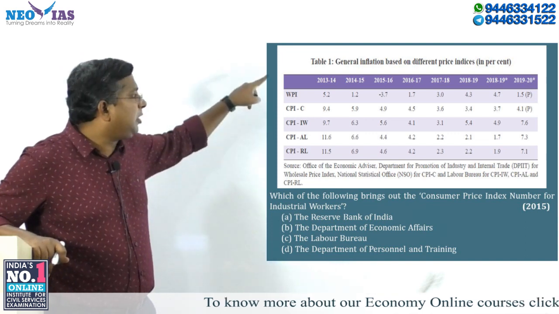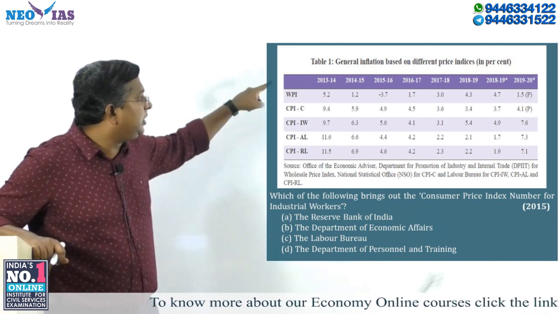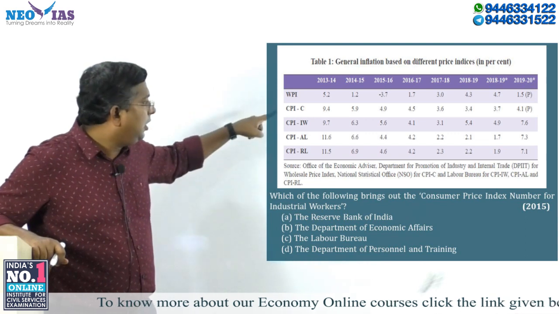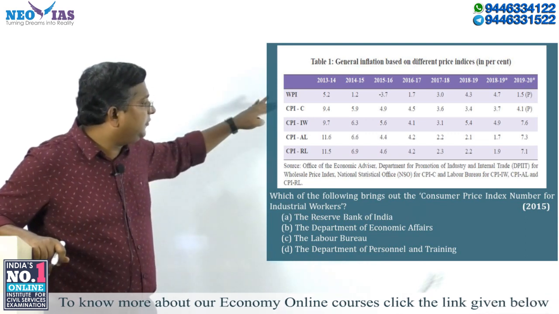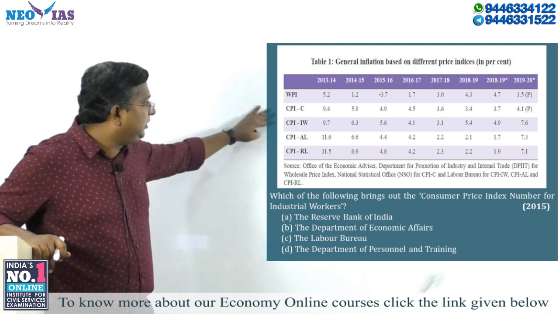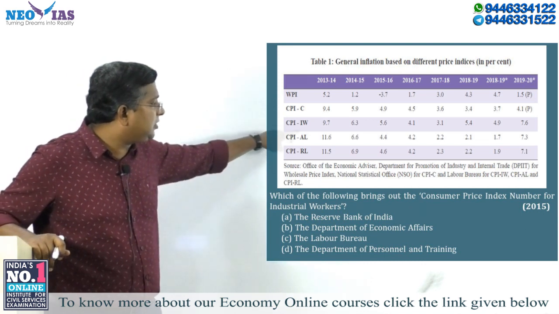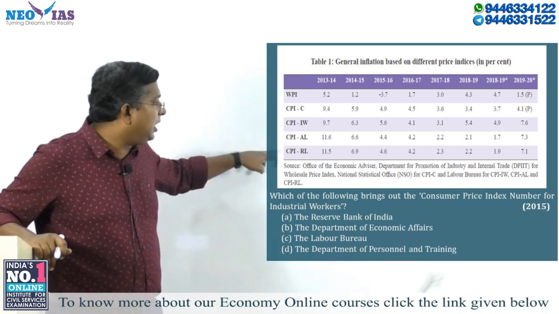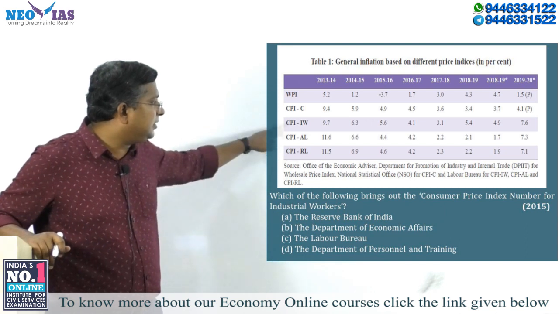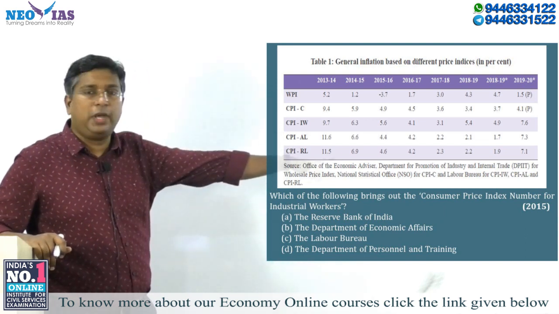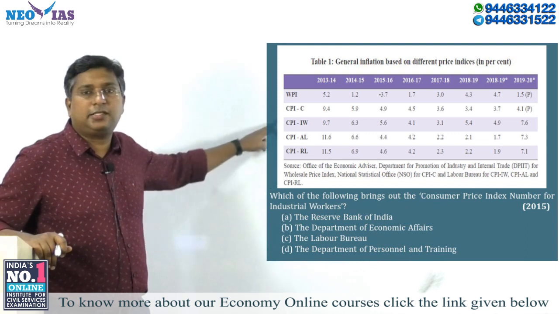So Department for Promotion of Industry and Internal Trade for Wholesale Price Index, National Statistical Office for Consumer Price Index combined, and the other three, like Consumer Price Index for Industrial Worker, Agricultural Labor and Rural Labor, these three indexes are released by the Labor Bureau.